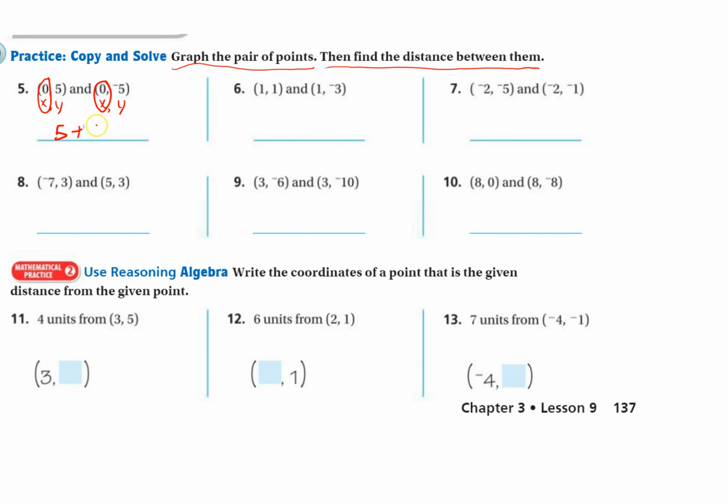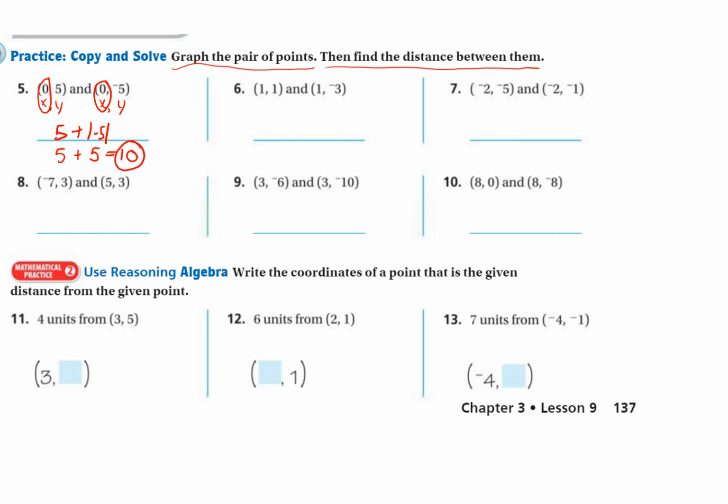So 5 plus the absolute value of negative 5. Now that would be 5 plus the absolute value of negative 5 we learned is 5. So this has a total distance of 10. Now, of course, on your graph paper, you can graph these 2 points to check your answer.